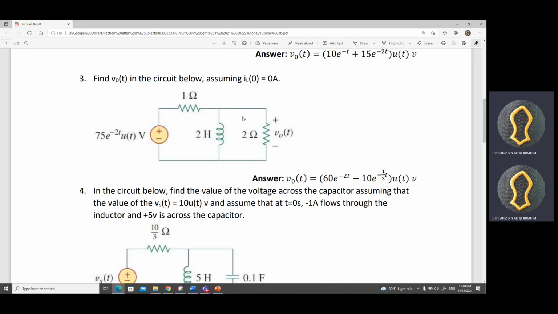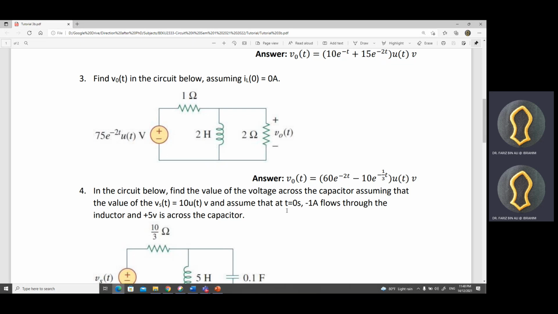Okay, we solved this, and the method that we chose is node analysis. You are free to choose other methods as well, mesh analysis or other methods, but your answer must be similar or the same as the one that I already solved using node analysis. So this is the answer: 60 exponential minus 2t minus 10 exponential minus 1 over 3 t, u(t).